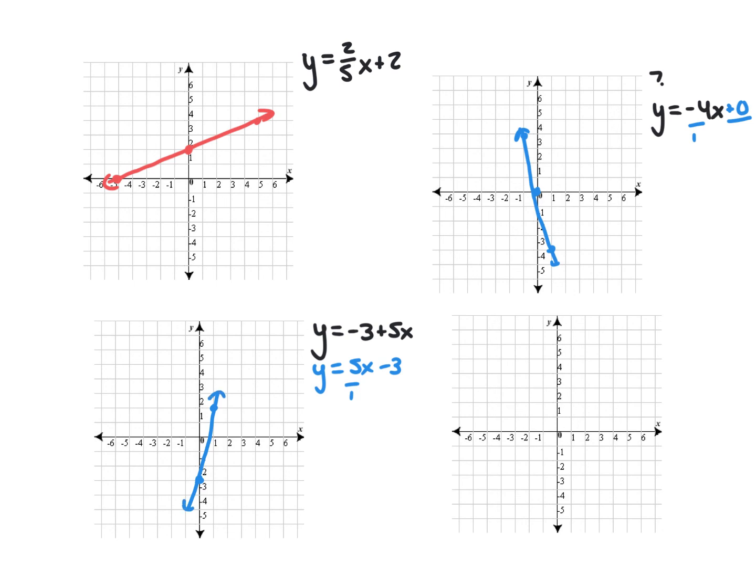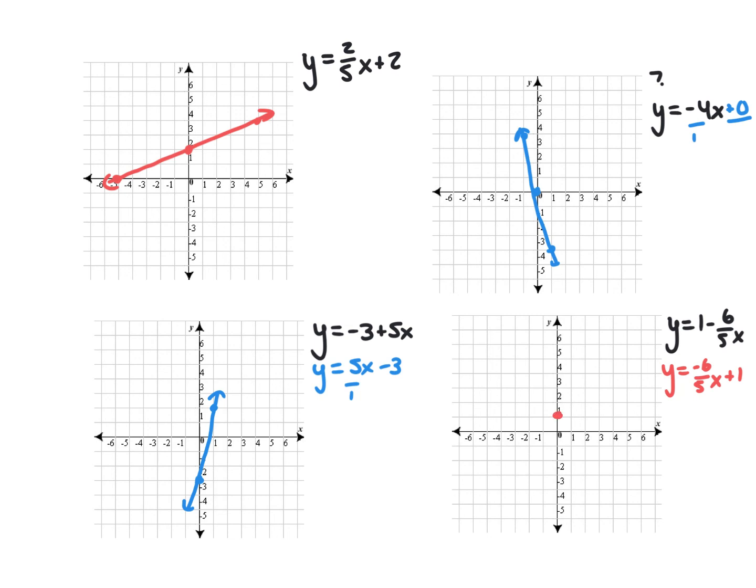And then my last one is y equals 1 minus 6/5 x. Again, if it's helpful to you to rewrite this, remember that the negative is with the 6/5. The 1 is positive. So I can see that I'm going to start at positive 1.